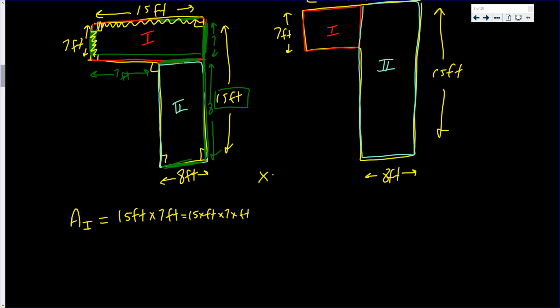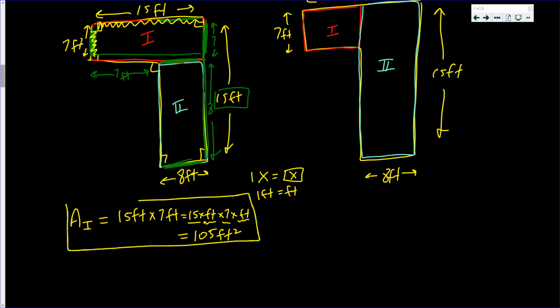Just like 1x is x, 1 foot I can write as just foot. Okay, 15 times 7, I happen to know that. It's 105. And foot times foot is square feet. So the area of region 1 is 105 square feet.